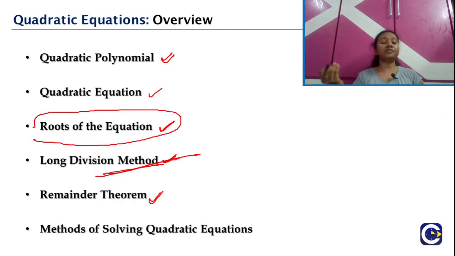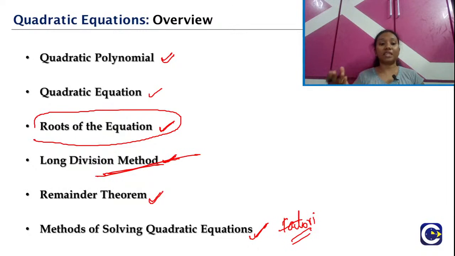There are different methods to solve any quadratic equation. It can be a graphical point of view, or an algebraic point of view. Those methods of solving quadratic equations we are going to discuss. The most familiar one, which you might be aware of, is factorization.